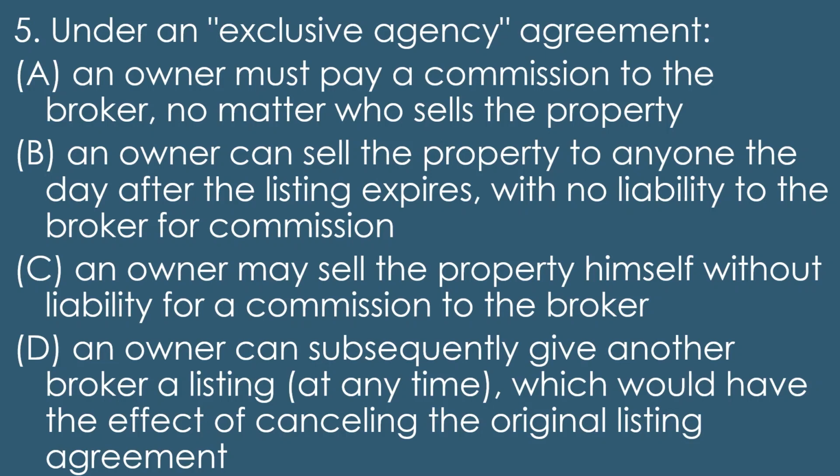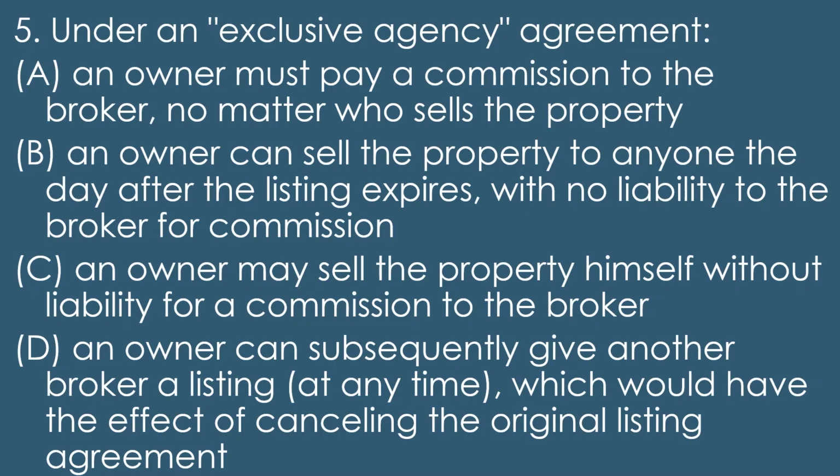So what they're talking about here is an actual exclusive authorization and right to sell. That's not an exclusive agency listing agreement. So A is not correct. B, an owner can sell the property to anyone the day after the listing expires with no liability to the broker for commission.